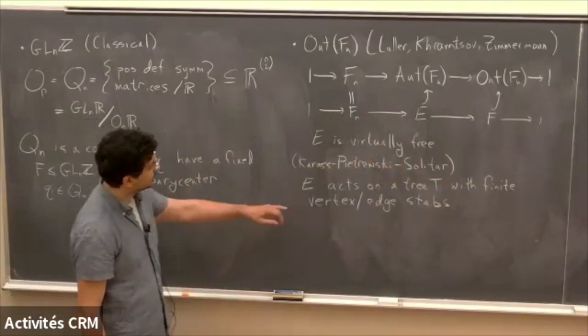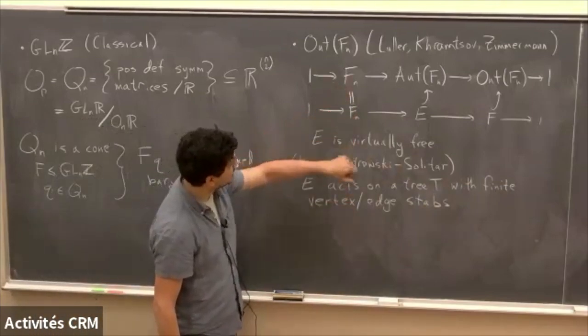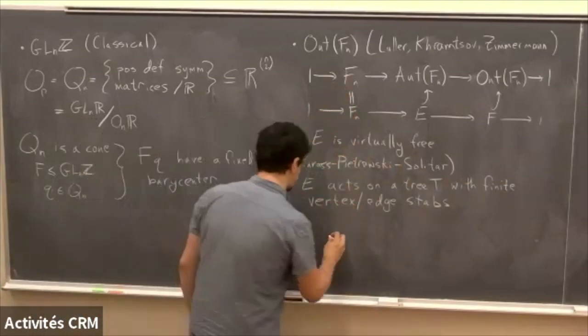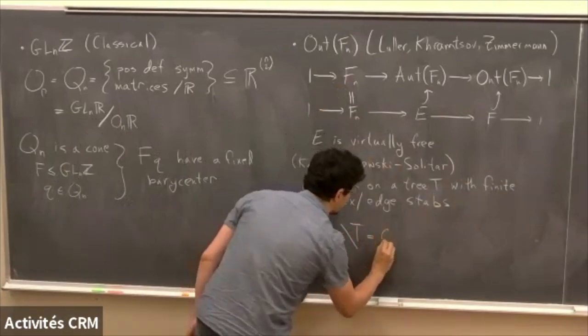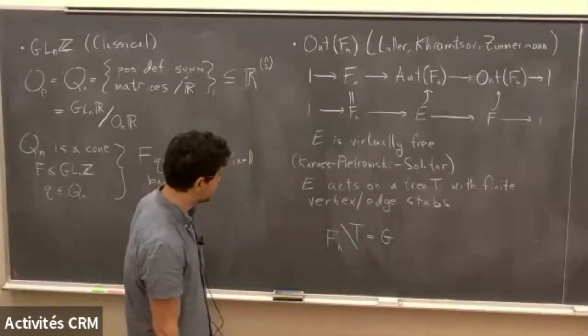And so in particular, the Fn part of E has to act freely. So when I act on it by Fn, this is just some graph of rank n.